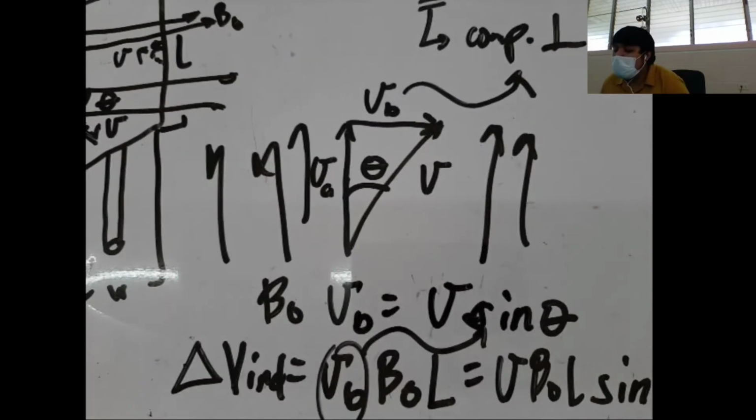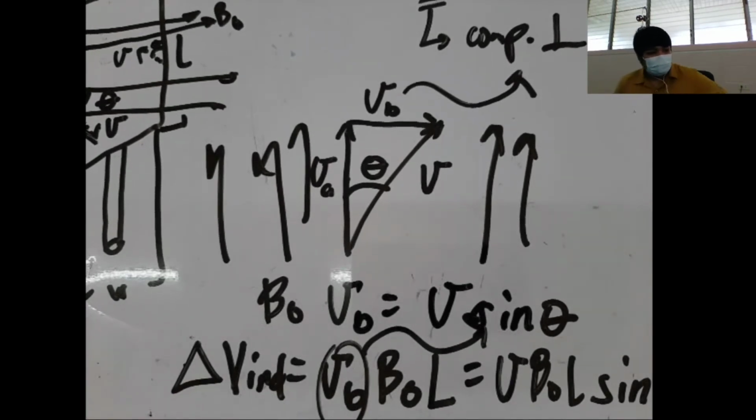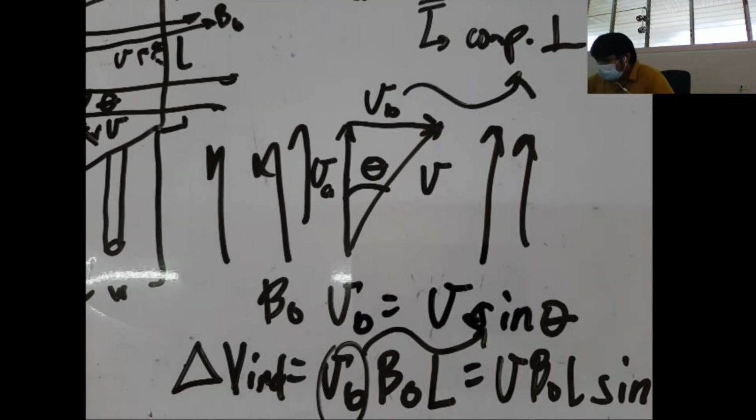Now let's try viewing the motion of the rotating generator coil at an angle when we view it through the shaft.